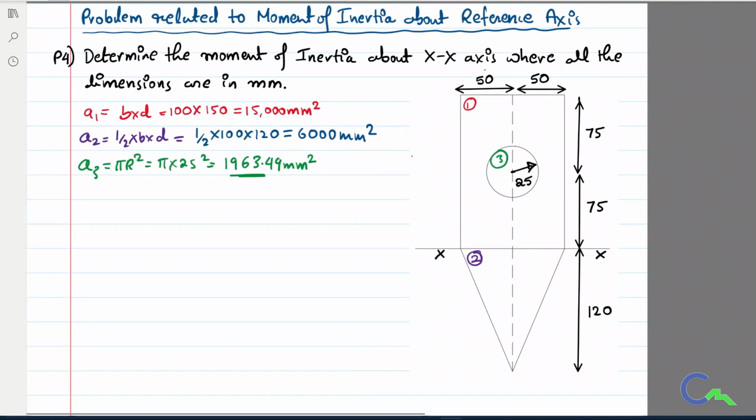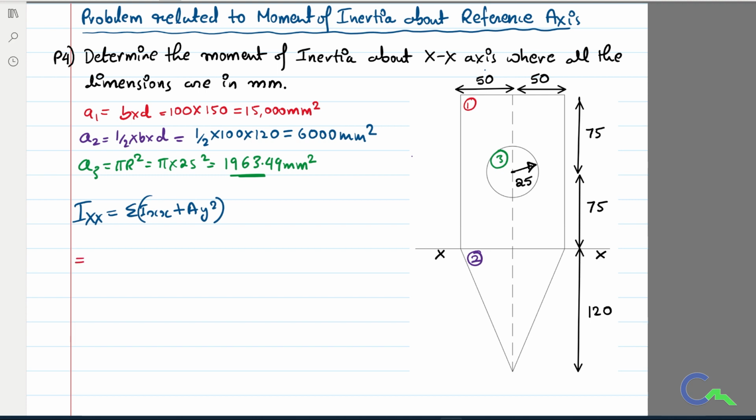Next, directly I will take the moment of inertia formula. I want to calculate about the x reference axis, therefore sigma Ix plus A into y square. Now let us see the first figure, the rectangle.